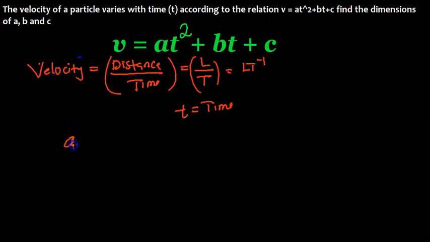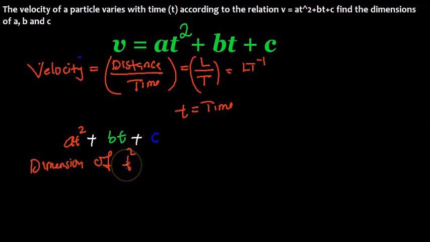We are simply going to say AT squared plus BT plus, which is the last one, C. In this case, we can look at the dimension of T squared, the one we have in AT squared. What happens to the dimension of T squared? The dimension of T squared is simply going to be capital letter T squared.